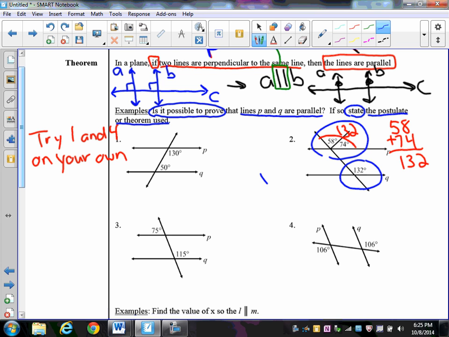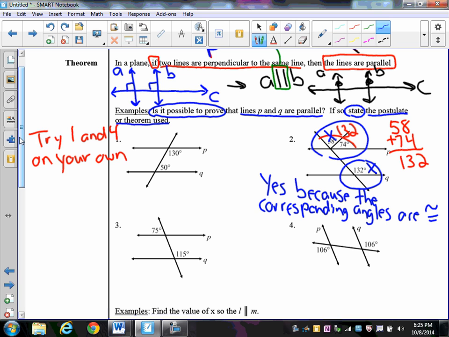The answer is yes for number 2, because the corresponding angles, remember they're in the same position, they're both in the top right, the corresponding angles are congruent. Remember, that symbol means congruent.